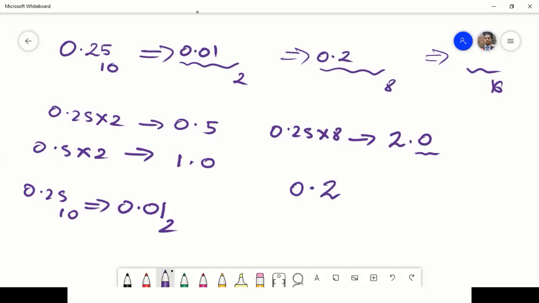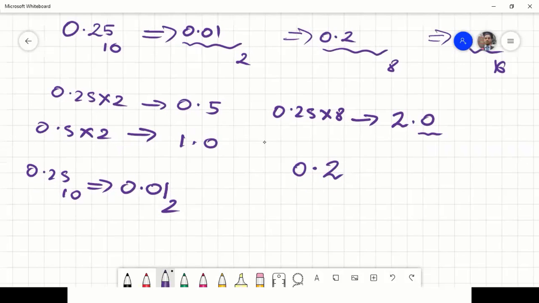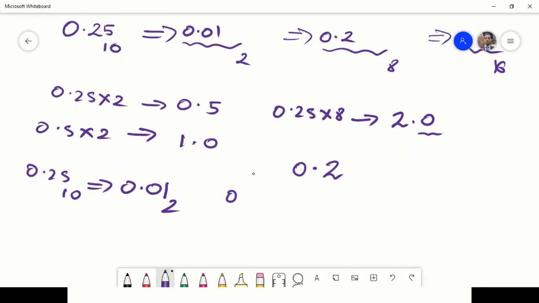For hexadecimal, again, what we have to do is 0.25 multiplied by 16. So we get 4.0. Again it's 0, so we can stop with this. It will be 0.4 base 16.